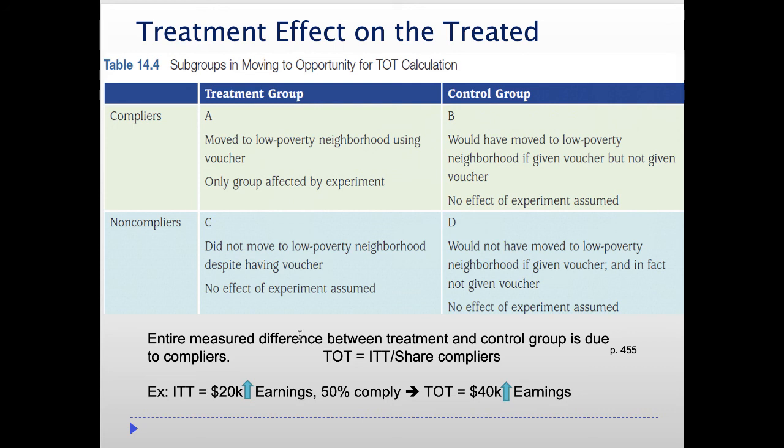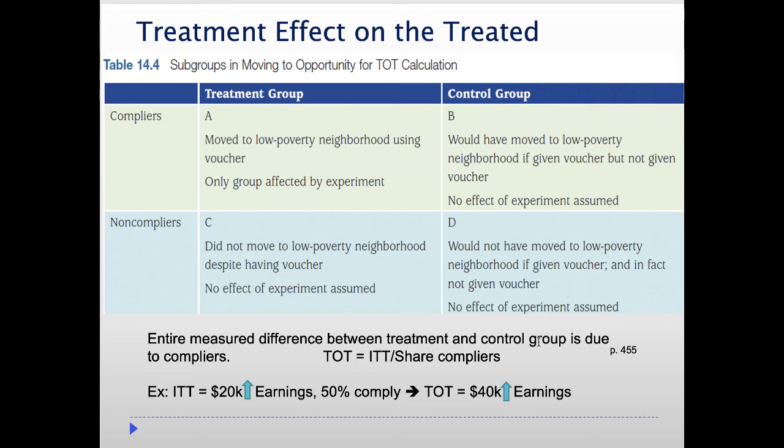And while I was just mocking that assumption, to first order for things like finding jobs and stuff like that, being in the experiment is pretty small compared to actually moving to this quite different neighborhood. We are also assuming that the entire control group was not affected by the experiment. Oh, they got their hopes up. Maybe I'll get these vouchers.